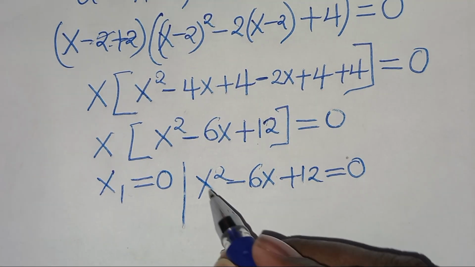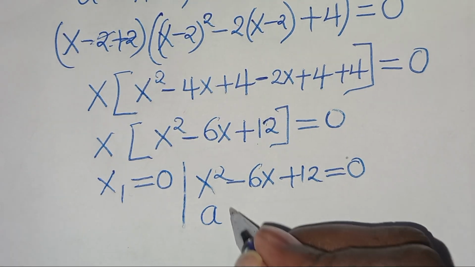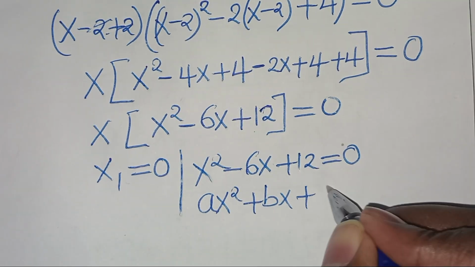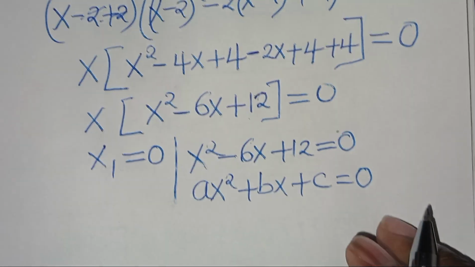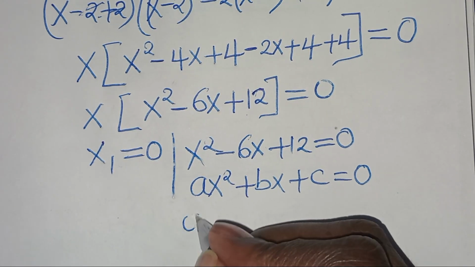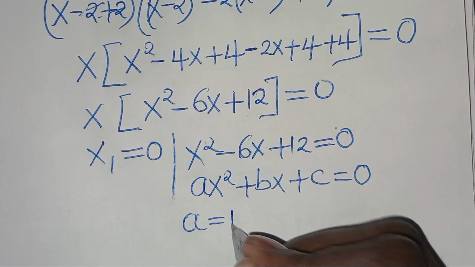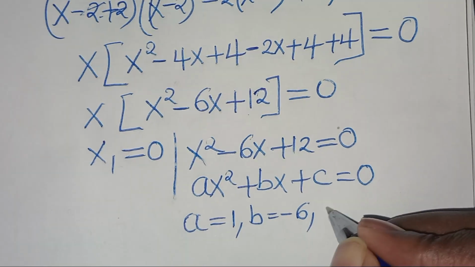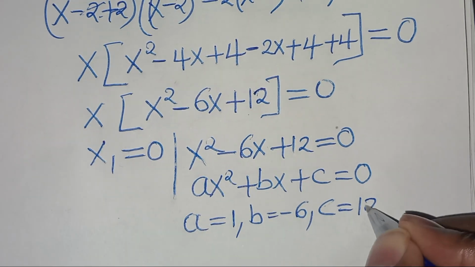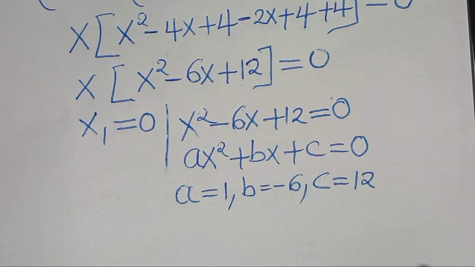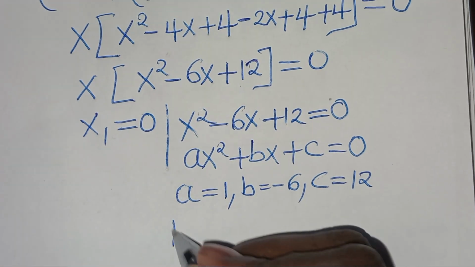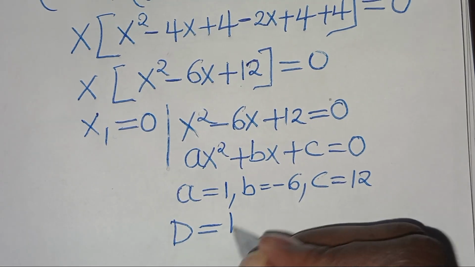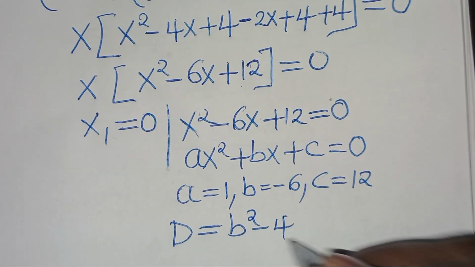From this part here, this is a quadratic equation of the form ax^2 + bx + c = 0. From this quadratic equation, we have that a is equal to 1, b is equal to -6, and c is equal to 12. So the next step from here is to check the discriminant value, which is the same thing as b^2 - 4ac.